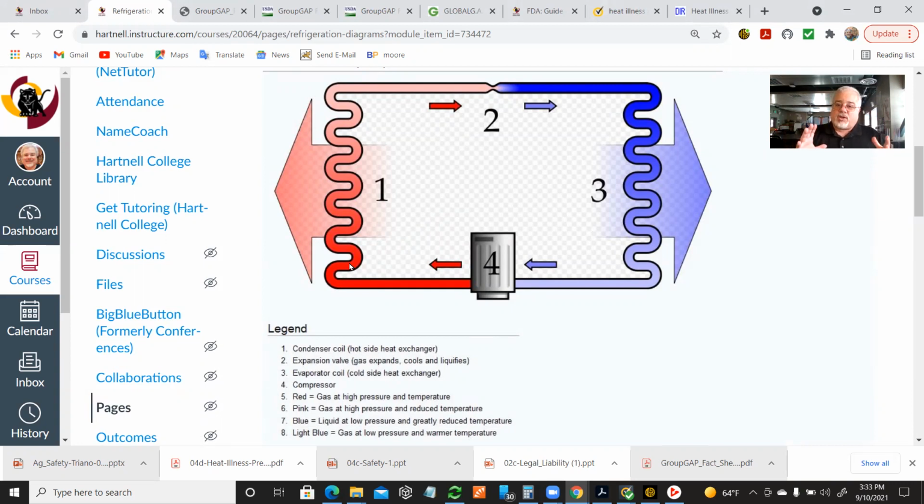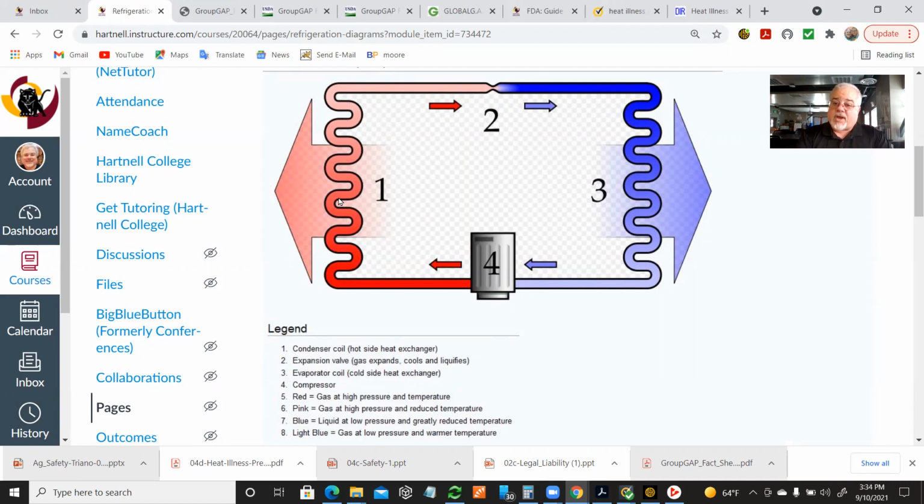So the pressure from the compressor makes the refrigerant hot. And because it's so hot, it radiates heat out into the air of the room. This is outside the refrigerator. And this is like a radiator, and it's giving off heat into the room.